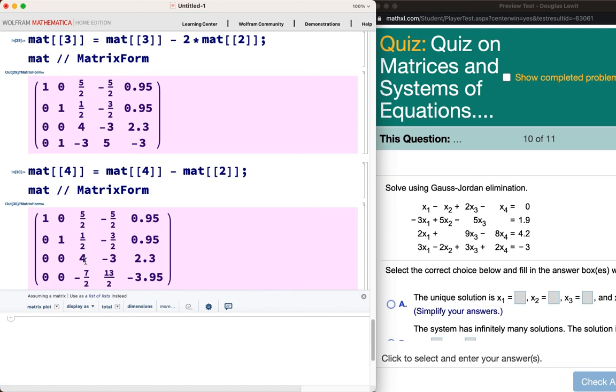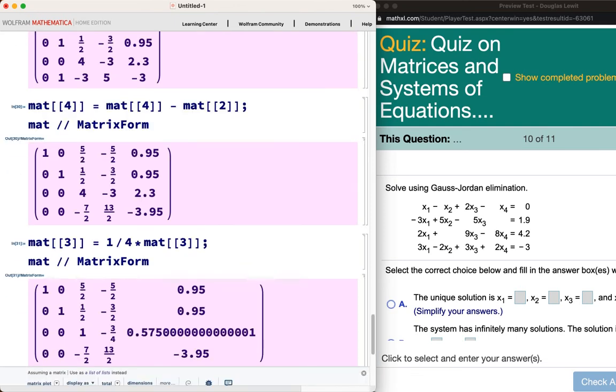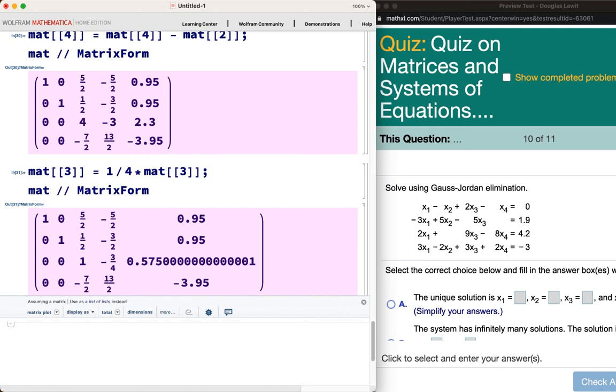This has to become a 1. Okay, so the 4 that you see here in the third row has to become a 1. So we're going to multiply the third row by 1 over 4 times the third row. And what does that look like? That looks like that. Okay, so far everything looks pretty good.